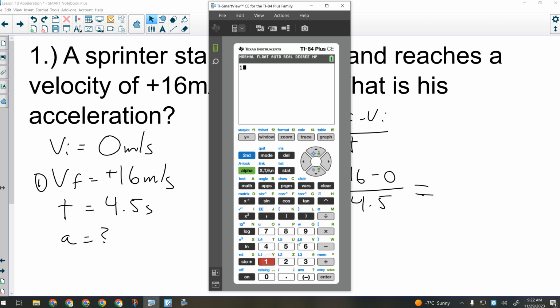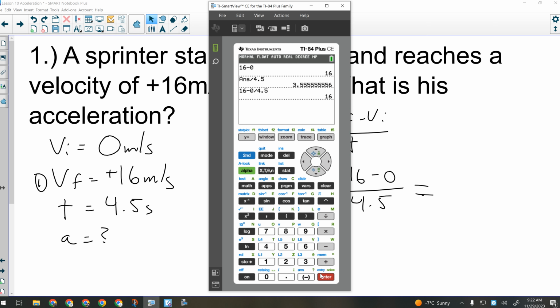So you'd go 16 minus 0, and hit enter or put it in brackets, divided by 4.5. Because if I go 16 minus 0 divided by 4.5, I don't get the same number. Because 0 divided by 4.5 is 0, and 16 minus 0 is 16. Do you follow the order of operations your calculator will do?